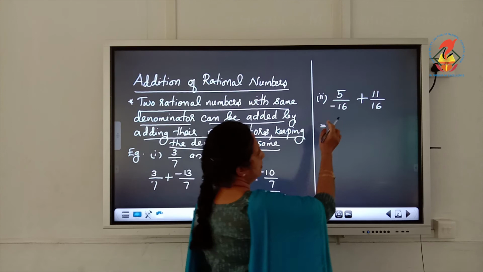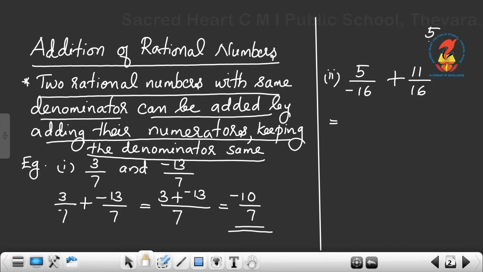When you multiply 5 by negative 16, 5 into negative 1 by negative 16 into negative 1, you will get negative 5 by 16. So 5 by negative 16 is the same as negative 5 by 16.